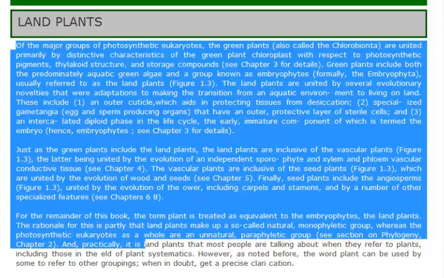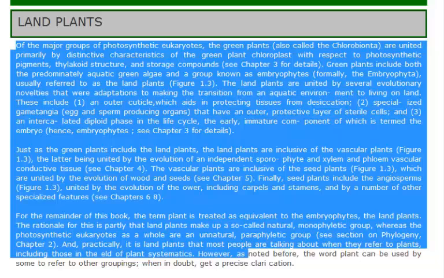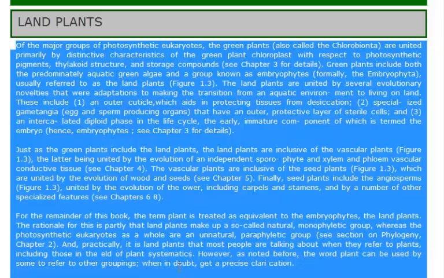And practically, it is land plants that most people are talking about when they refer to plants, including those in the field of plant systematics. However, as noted before, the word plant can be used by some to refer to other groupings. When in doubt, ask for a precise clarification.